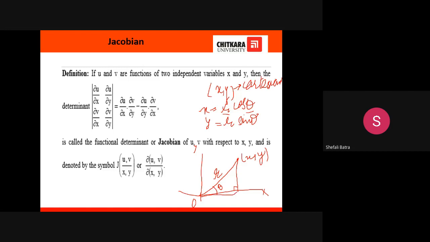This is your x coordinate and this is your y coordinate. Now, in this right angle triangle, base upon hypotenuse is equal to cos theta. So from here I can write x is equal to r cos theta.